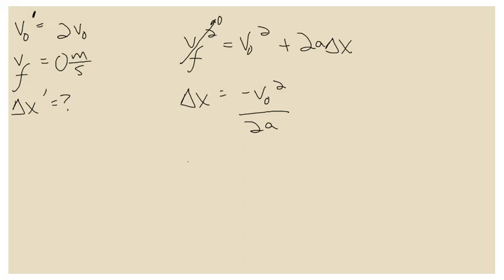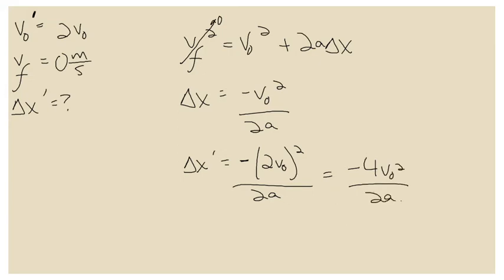And so to finish this one off, you write delta x prime is equal to, and now we plug in for our changes. The negative sign is on the outside, and so we have 2 v naught squared over 2a. And I'll write this over here now. That would give you negative 4 v naught squared over 2a.